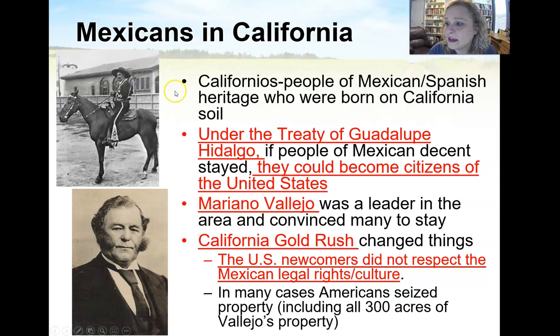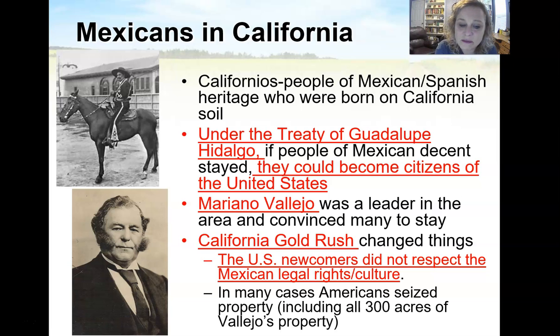Another group that is initially welcomed but then pushed out are the Mexicans, because there were Mexicans in California during the Mexican-American War. Under the Treaty of Guadalupe Hidalgo, the Mexicans who lived there had two options: they could move to Mexico, or they could get U.S. citizenship and stay.